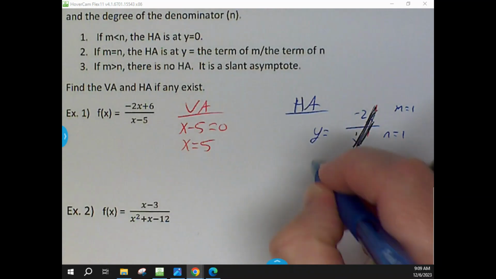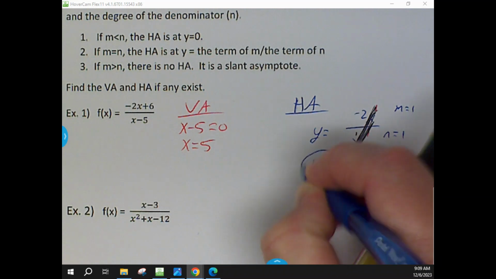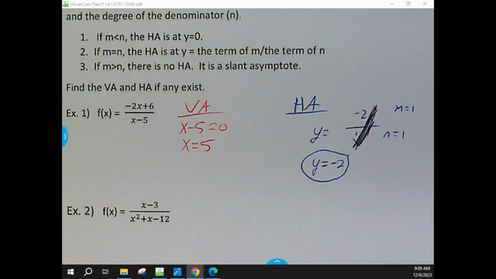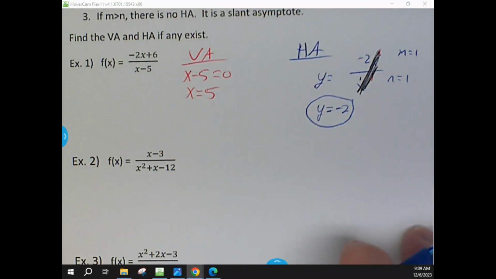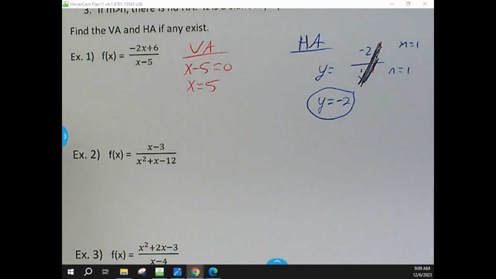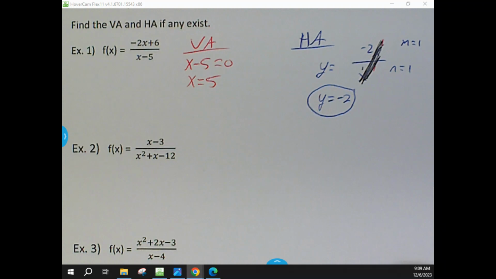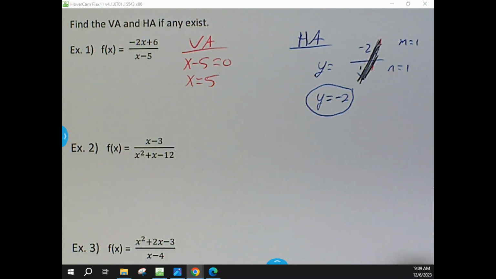So that's just y equals negative 2. Okay, so if I ask you just to find the vertical and horizontal asymptotes, that would be it.